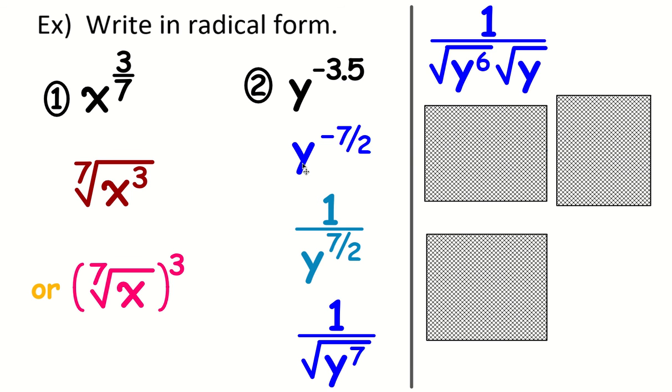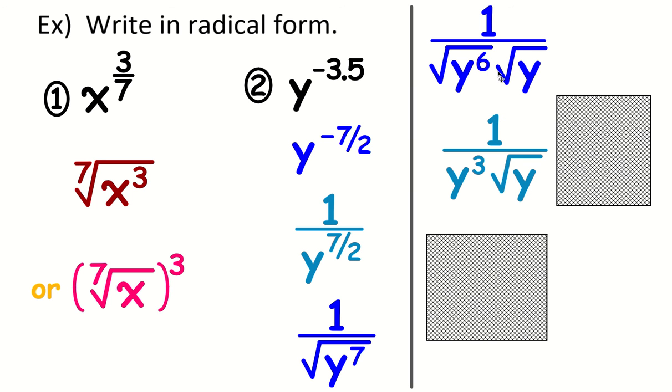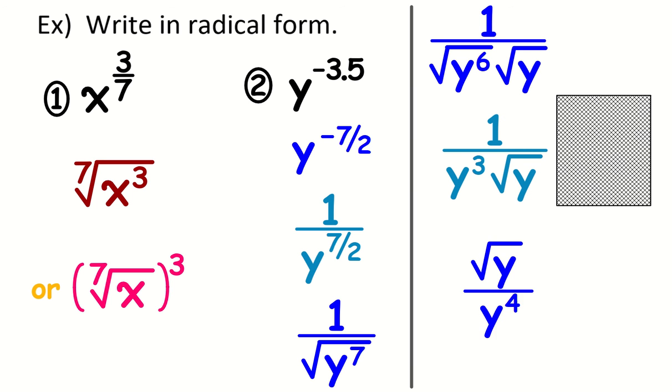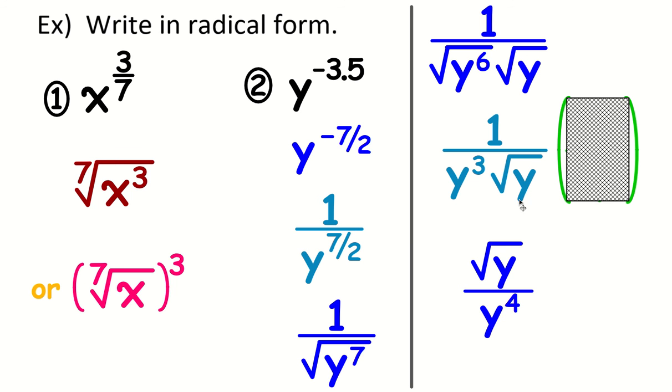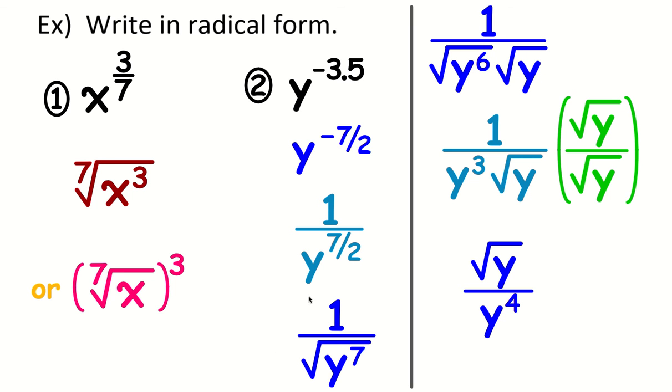Let's see here. What is going on here? Is this a different problem? What is this over here? Oh, this was a part of this problem, because you see what happened here.